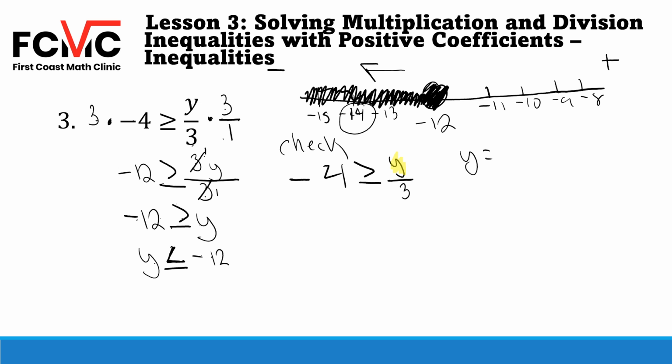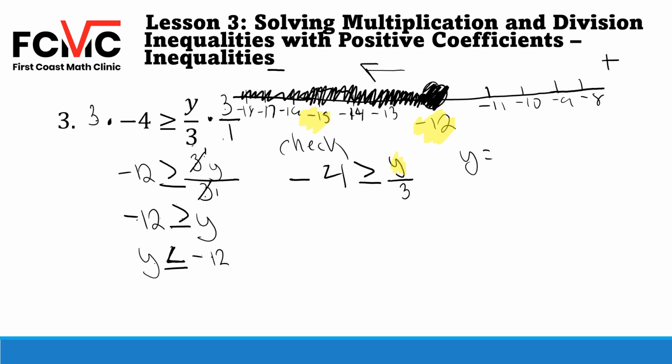All right, so what are some values in the solution set that are divisible by 3? Well, I noticed that we've got negative 12 here, right, and we've got negative 15. All right, and if we were to kind of continue this line, right, what else would we have? We'd have negative 16, negative 17, negative 18, right?